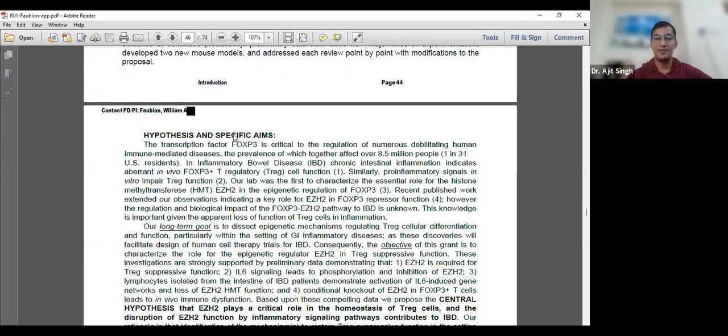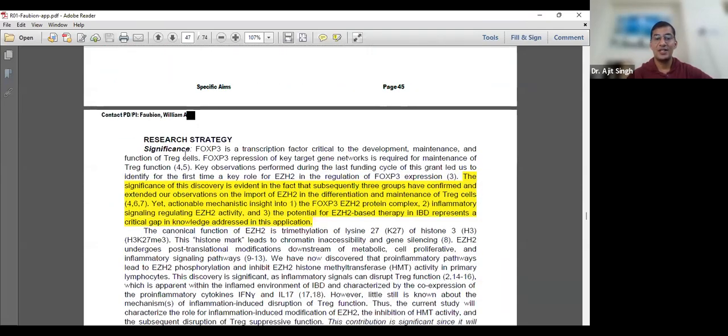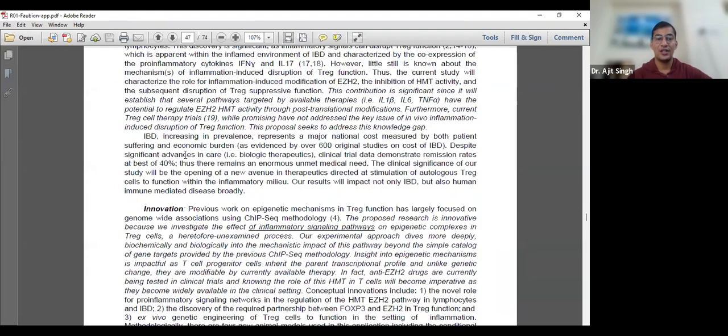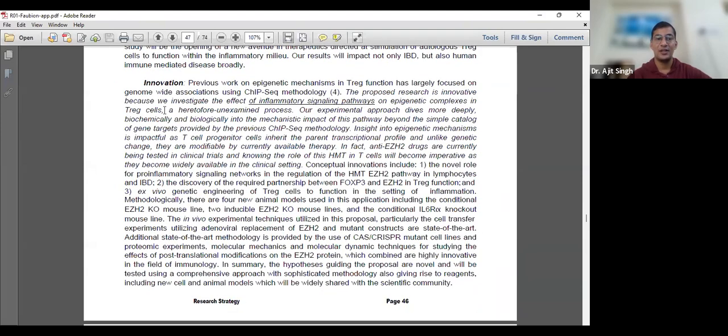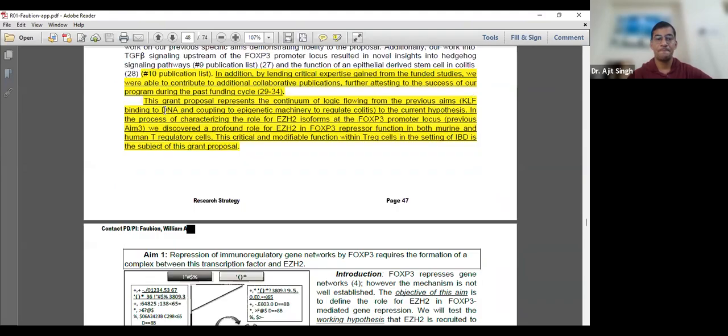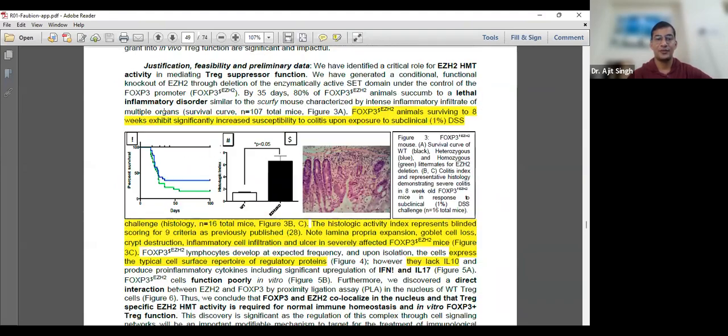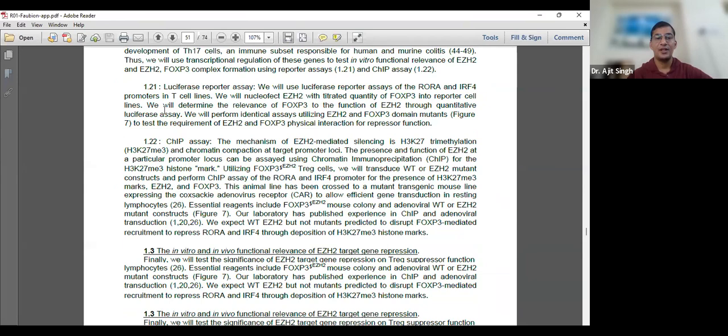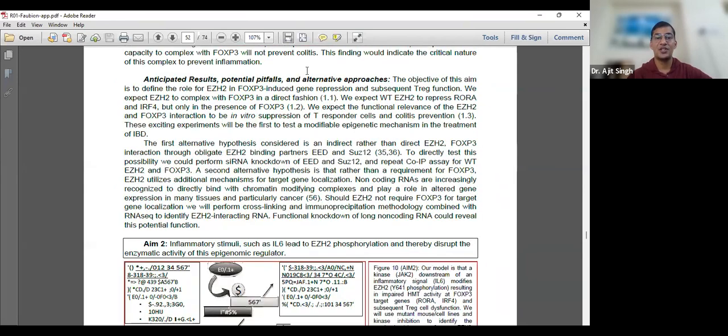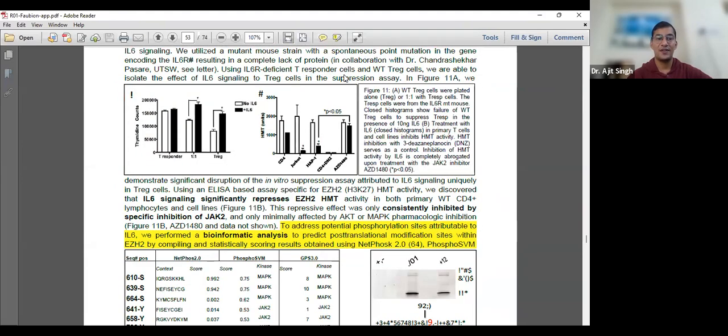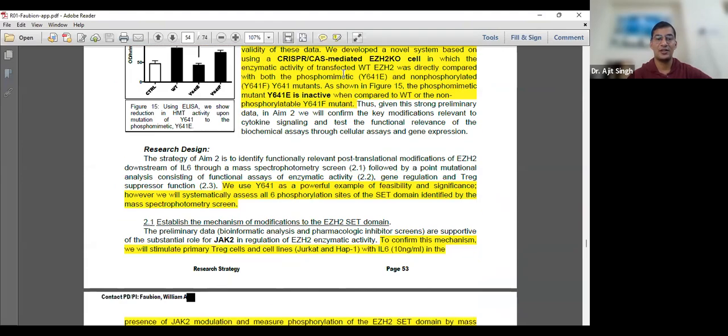Hypothesis and specific aims, research strategy, significance, innovation. See, innovation is there. Approach, methodology. Okay. See, everything: anticipated results, potential pitfalls, alternative approaches, justifications, introduction again for that.